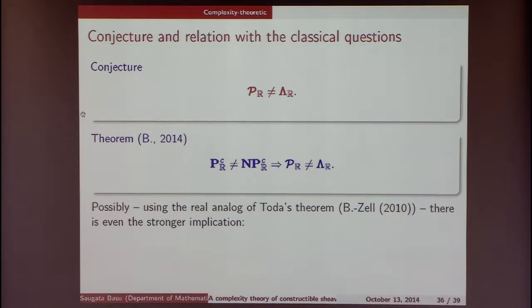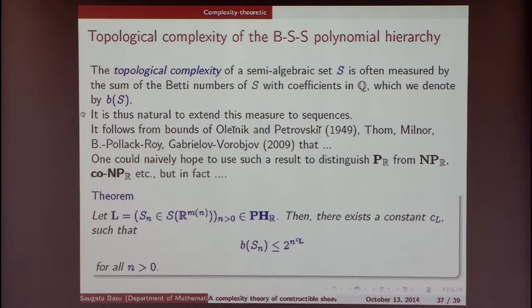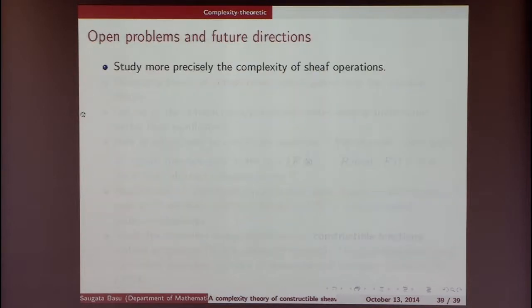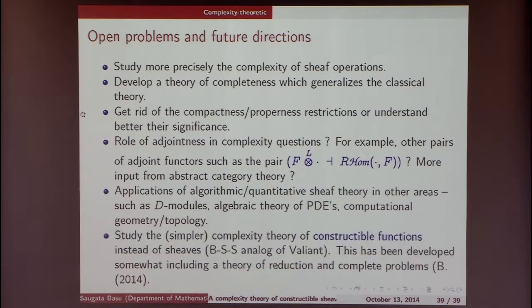But in fact, a stronger statement is probably true, which I put in purple because I'm not sure that, in fact, a separation of P and PH already implies that these are not equal. So in any case, you can formulate these questions. Let me end with some future directions that I think could be interesting to study.